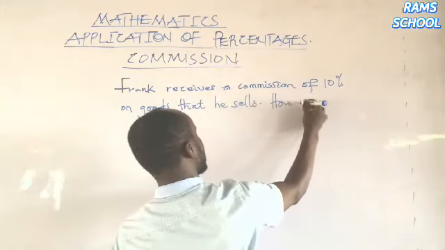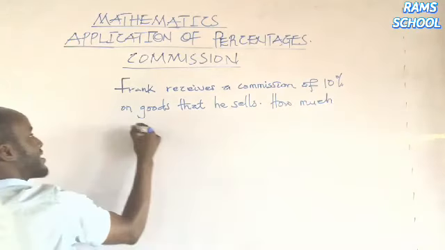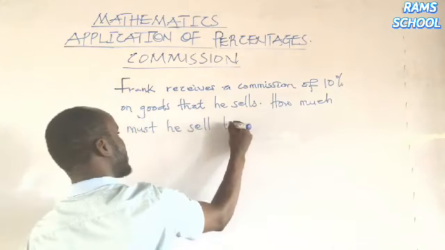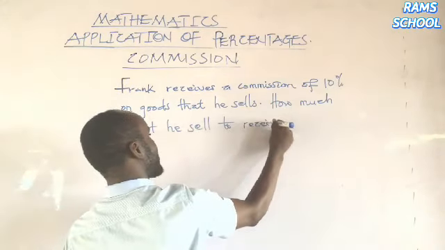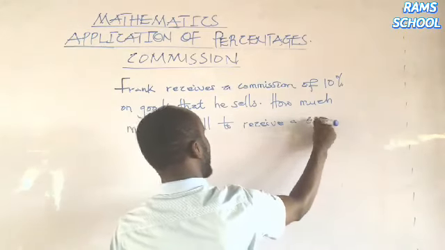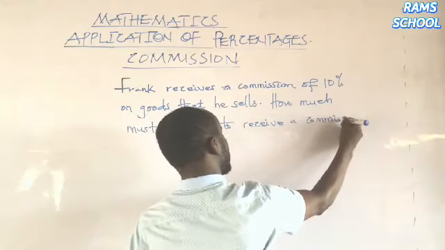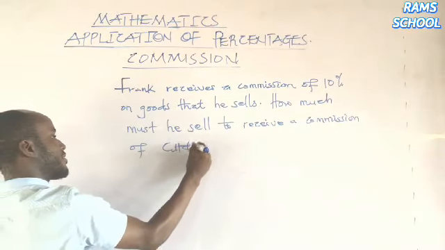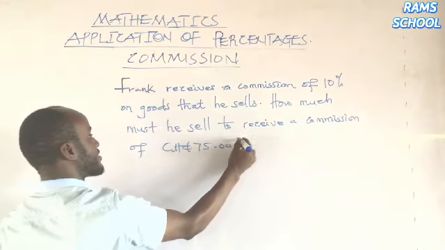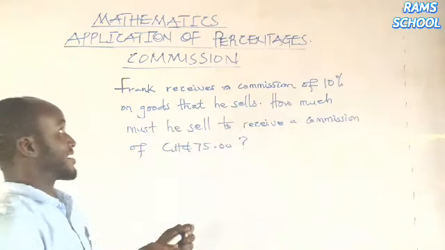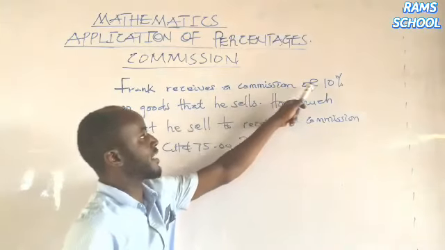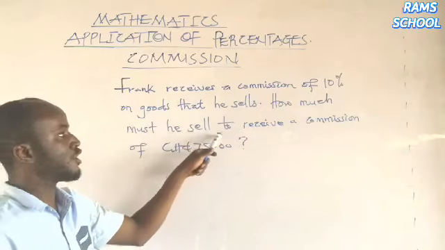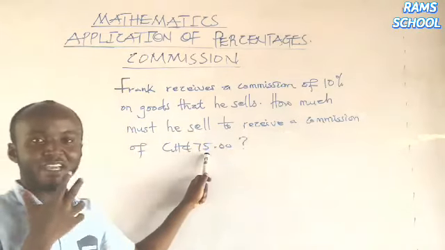How much must he sell to receive a commission of 75 Ghana cedis? There's the question. Frank receives a commission of 10% on goods that he sells. How much must he sell to receive a commission of 75 Ghana cedis?